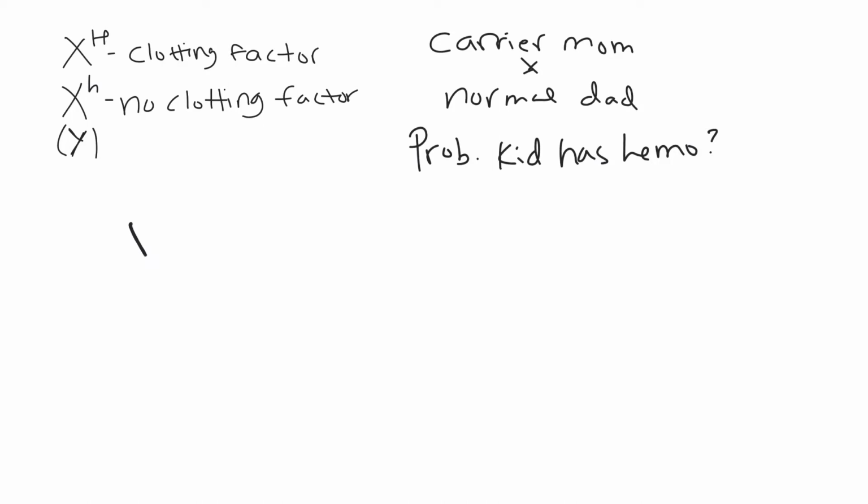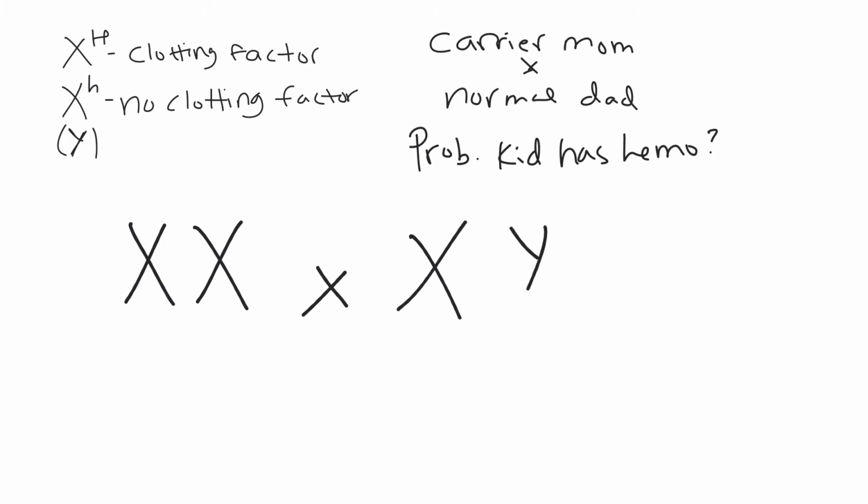Okay, what I like to start out with is just making sure I don't make a silly mistake and forget my parents. So there's XX and XY, the mother and the father. I tell you the mother is a carrier. Carrier automatically means it has to be a recessive trait you're looking at. Can't carry a dominant, because if you have a dominant, you show it. The carrier mother, though, is going to not show it, so she's going to be phenotypically normal, but she carries that recessive mutant allele in this case.